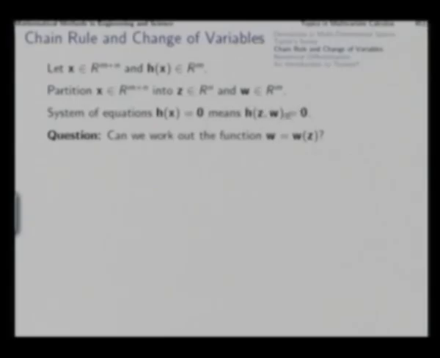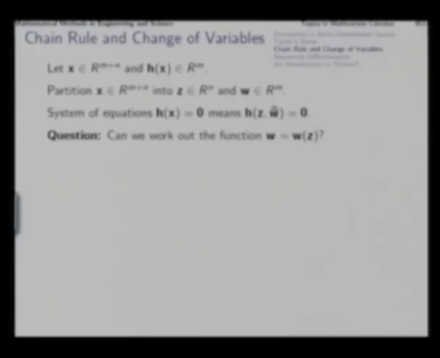Now, if we equate this to the 0 vector, that will mean h of z and w equals 0. This gives us m equations. The function h of x is an m dimensional function, m components. So, this equal to 0 gives us m equations in all these variables z and w. Note that z has n variables and w has m variables, and there are m equations.